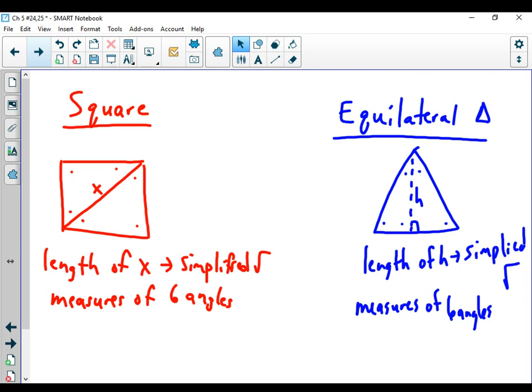When you think you have those measures, tell me and I'll look at them. Those are the angles.